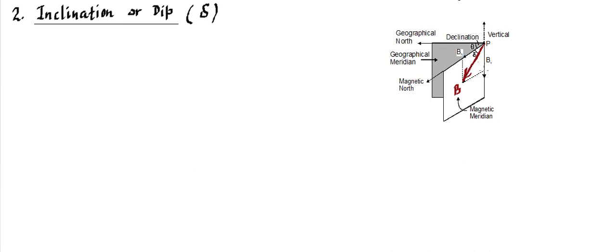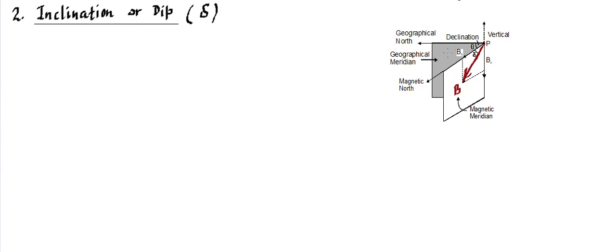Here we are moving sort of backwards. Ultimately we need to find what this B is, and what we have ensured is that this B is going to be in the magnetic meridian. That's how we have defined this magnetic meridian. And now we are going to find out this dip or inclination. Then we will reverse this process. If we know this inclination or dip, we can find out this magnetic field exactly where it is located.